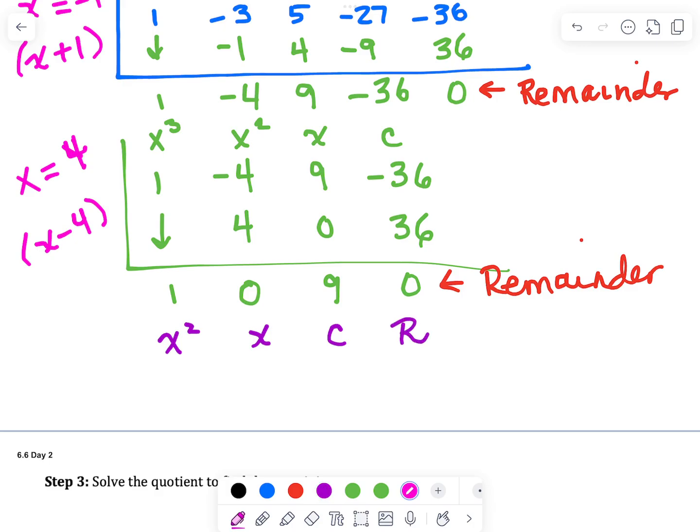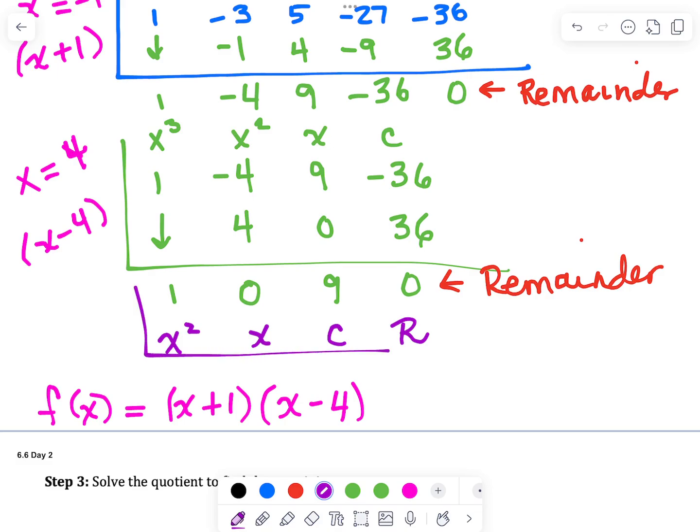So what we've done is we factored out x plus 1 and x minus 4. Those are our two factors we factored out. What's left is a quadratic of 1x squared plus 0x, which we don't need, and then 9.